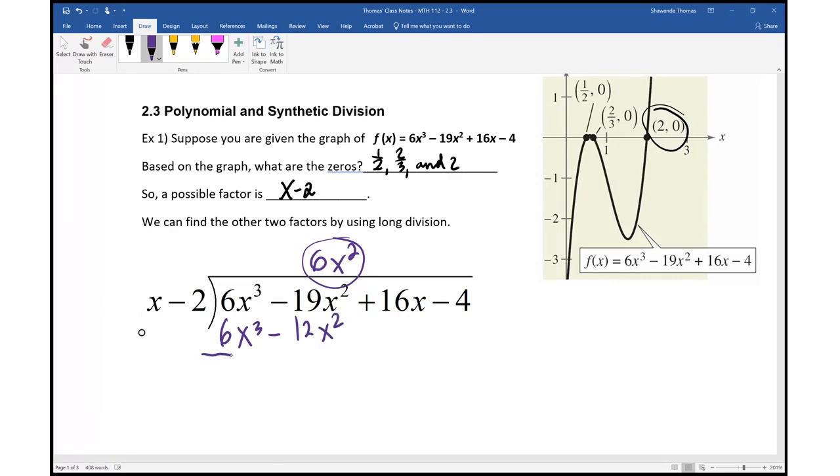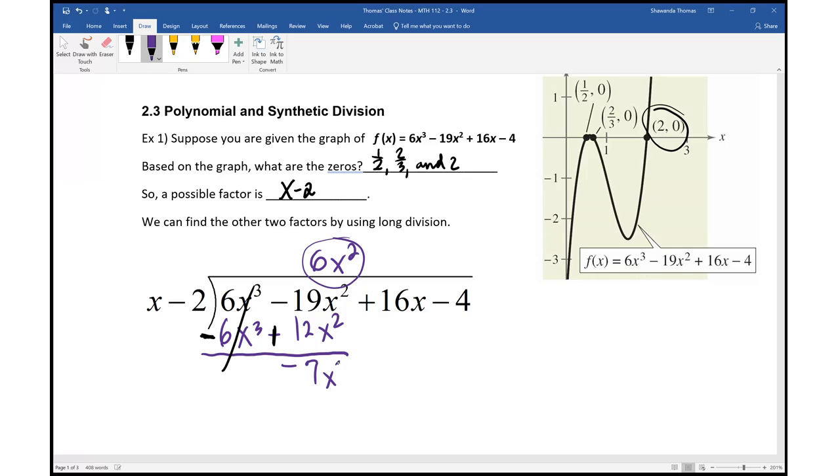And just like long division from elementary school, you subtract it. But in this case, we say change the signs. So we are technically multiplying negative 1 through the entire polynomial here. So we put negative here and change that negative sign here to a positive sign. This will cancel. And then now we have negative 19x squared plus 12x squared. That will give us negative 7x squared.